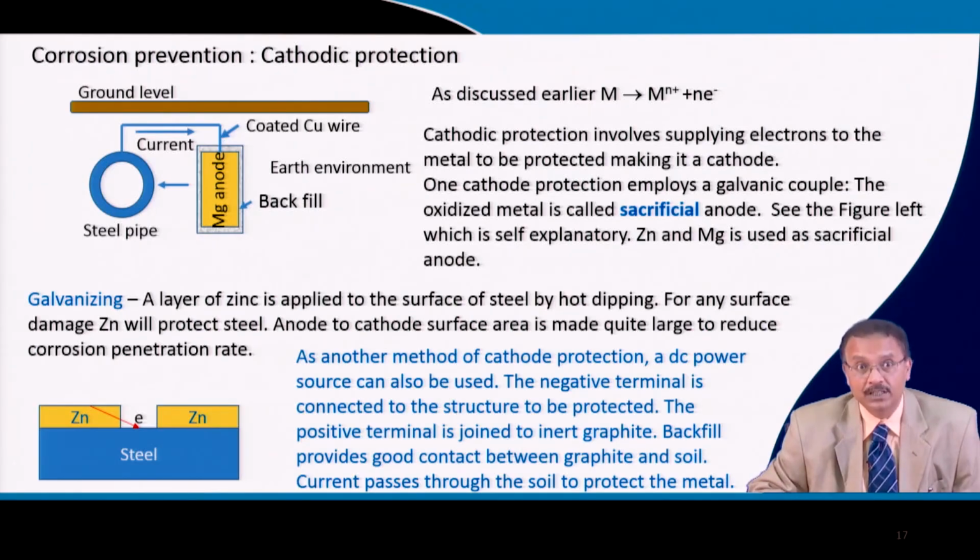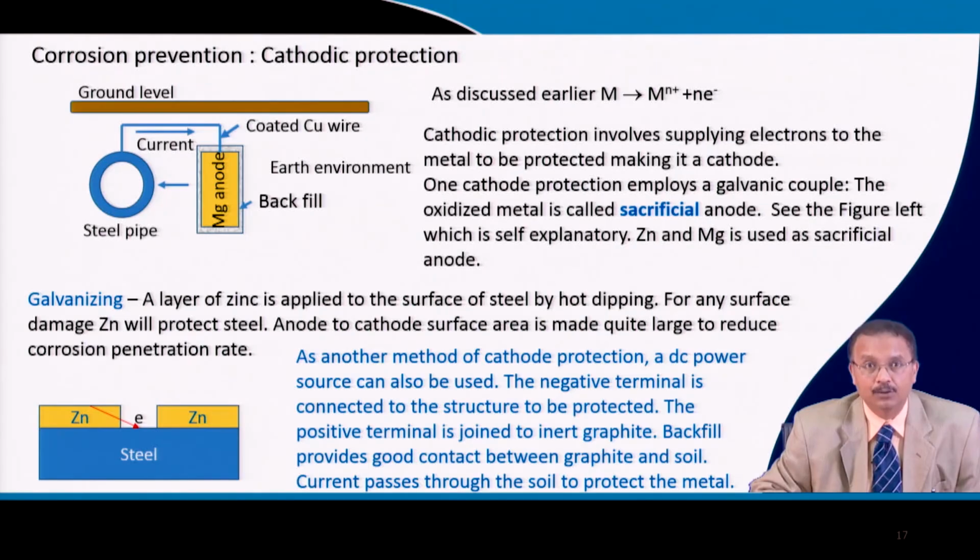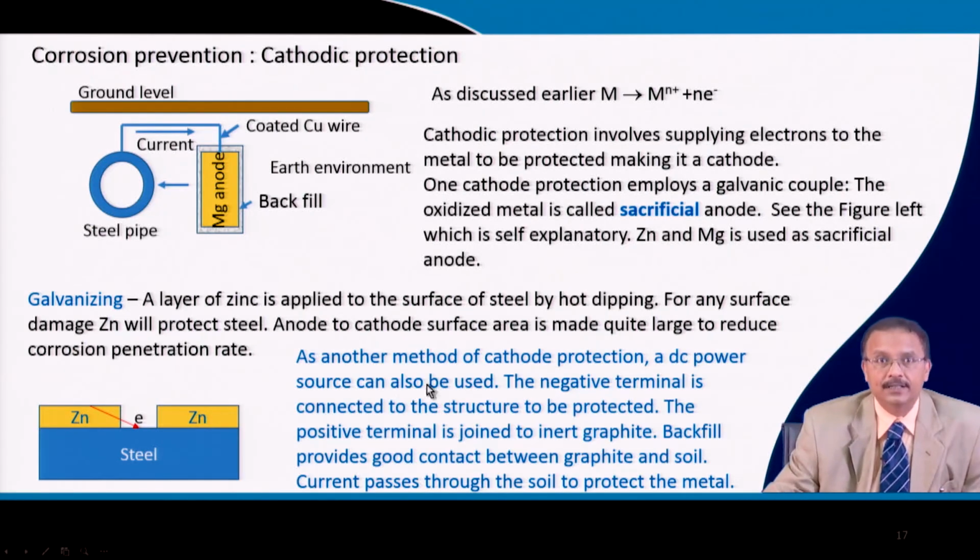Cathodic protection is one good and very simple way to get rid of corrosion. If you have a steel pipe which is prone to corrode, then cathodic protection involves supplying something which can supply electrons to the metal and protect it. So, you have to make it a cathode.